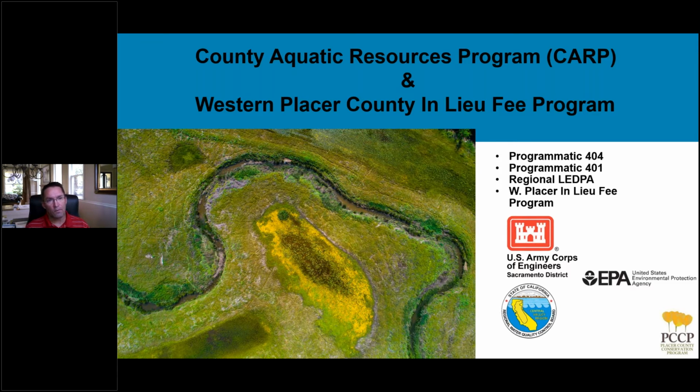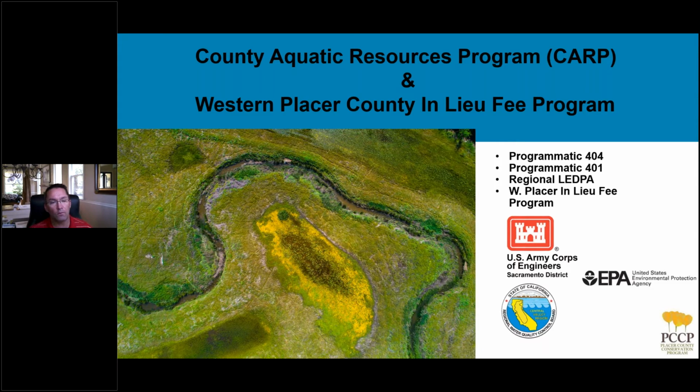Army Corps of Engineers, U.S. EPA, and Water Board approved the in-lieu fee program for waters and wetlands of the state and the feds. Now we also have a definition that classifies all waters, whether the state wants to take jurisdiction or the feds, the county will take jurisdiction regardless of what other agencies do, to say, yes, these are important resources.